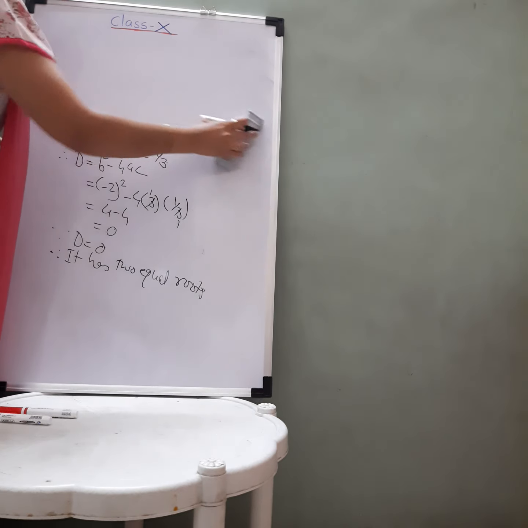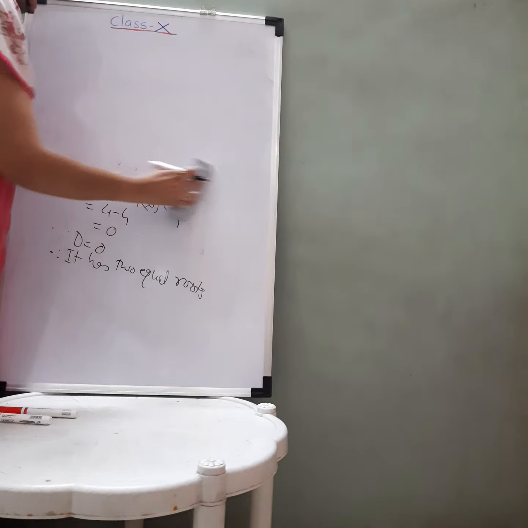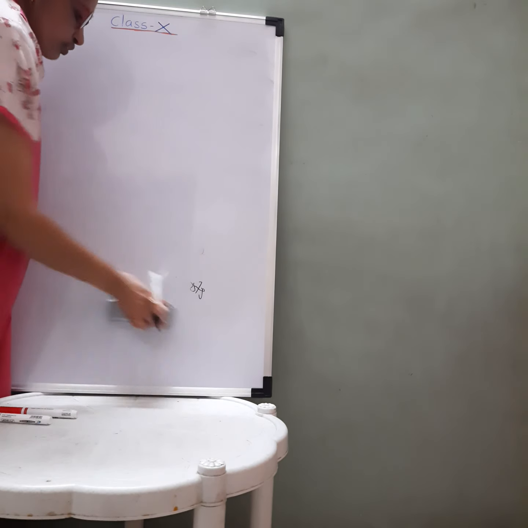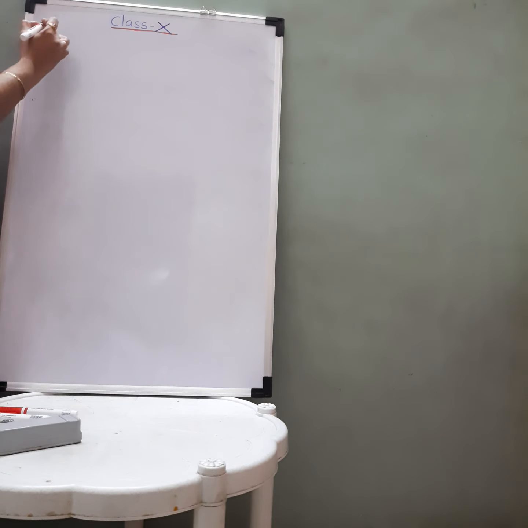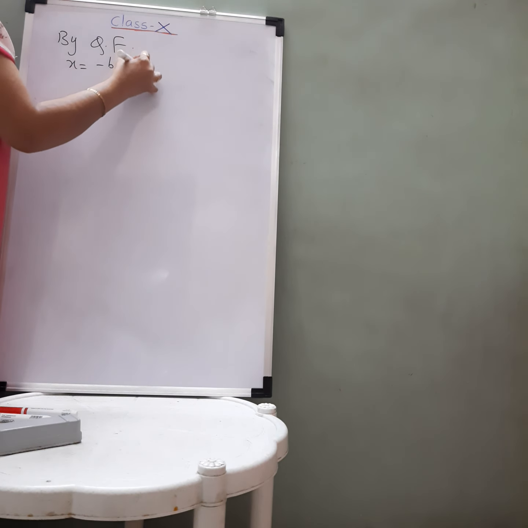We can use the quadratic formula. By quadratic formula, x is equal to minus b plus or minus under root of D upon 2a.